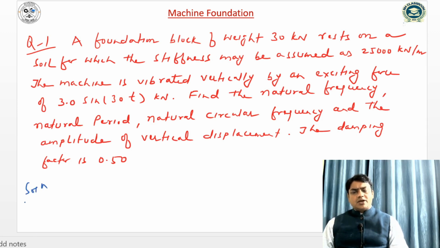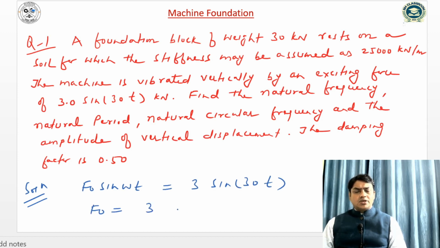So firstly we have to identify whether it is a free vibration case or forced vibration. So we have the external exciting force given, that is F naught sine omega t is equal to 3 sine 30t, means F naught is equal to 3 kilonewton and omega is equal to 30 radian per second.